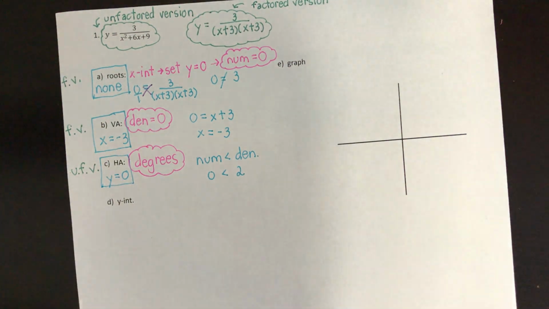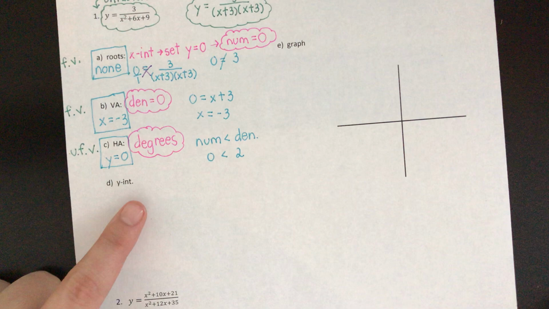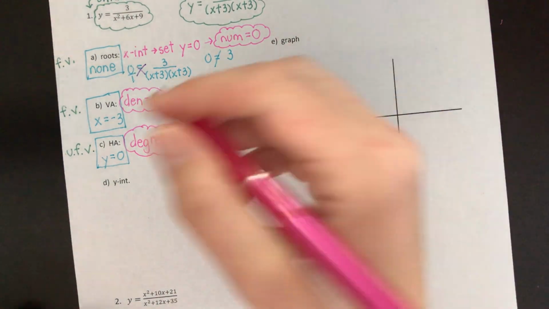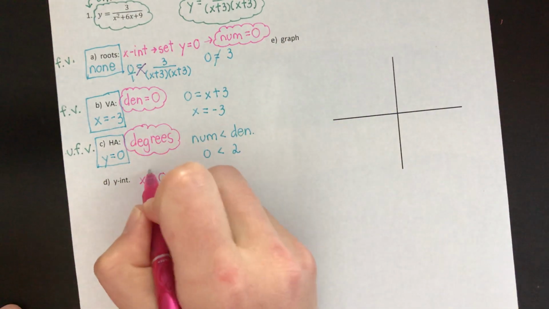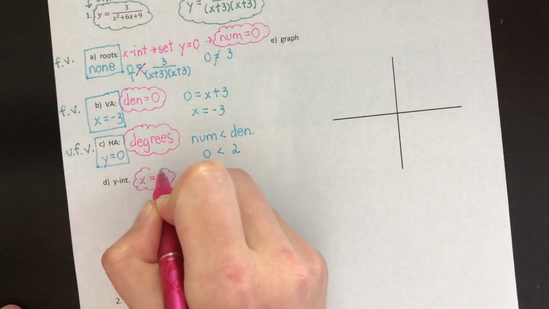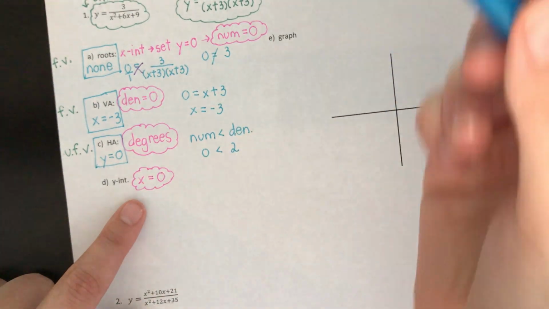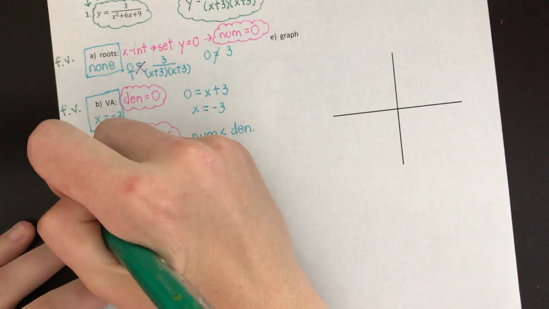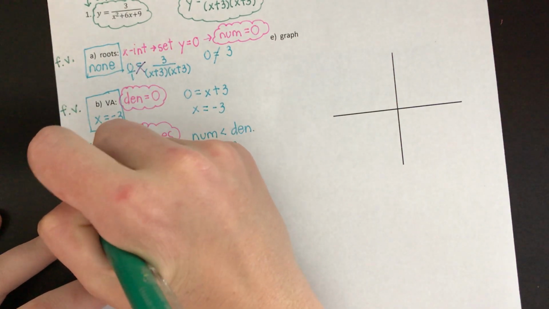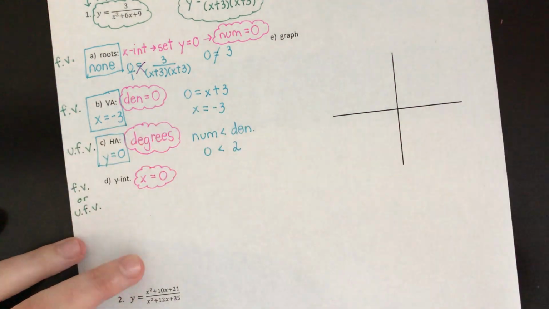Okay, part D. Part D, we're looking for the y-intercept. So again, another intercept. An intercept is where x equals 0 in this case, because we set the other variable equal to 0. Actually in this one, it doesn't matter if you use the factored version or unfactored version. Either way it'll work.